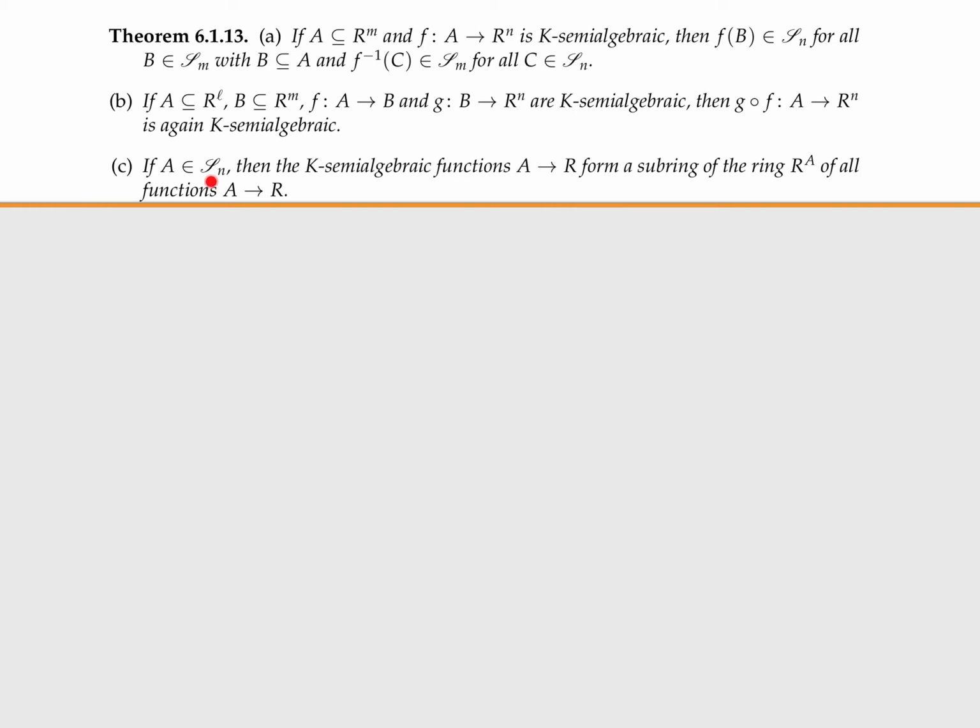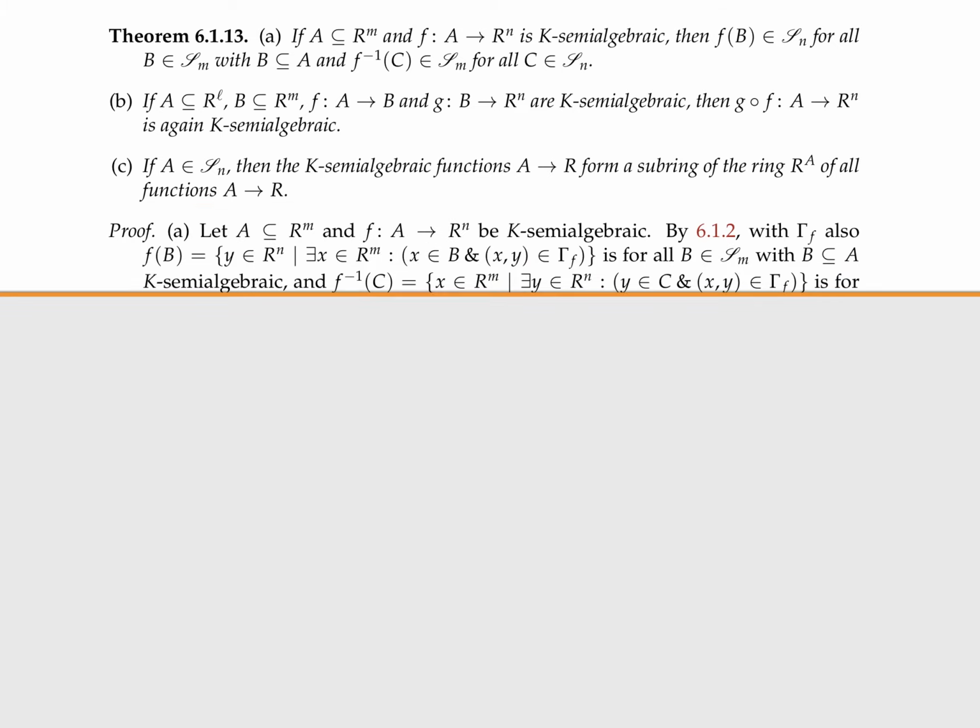If A is a K semi-algebraic set, then the K semi-algebraic functions from A to R form a subring of the ring R2A of all functions from A to R. Of course, this ring is equipped with pointwise operations, so pointwise addition and pointwise multiplication. So that's a commutative ring, actually. And this is a subring. Okay, let's prove these things.